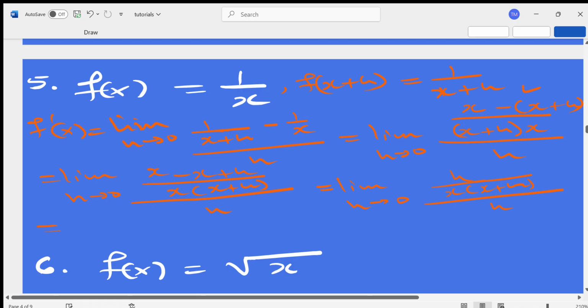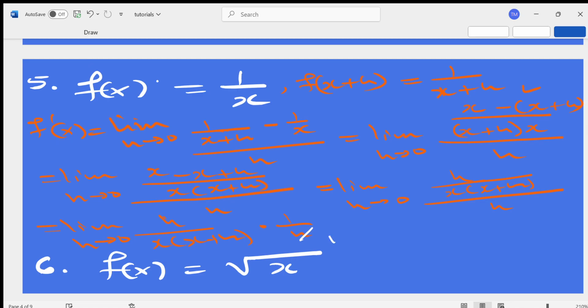Therefore, it is going to be the limit as h goes to 0 of h over x times x plus h, times 1 over h. Then h into h is 1. H here 1, h here 1.